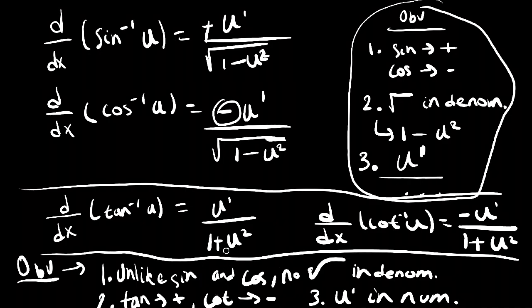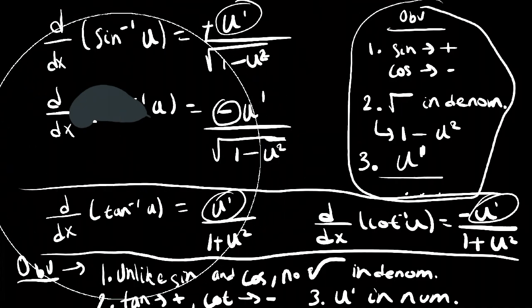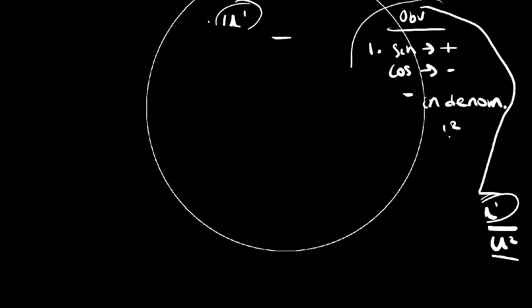As you will see when we go to secant and cosecant, this u prime in the numerator never changes. We'll do the proof later, but for now just remember that the u prime will always stay in the numerator. So let's get rid of everything here.